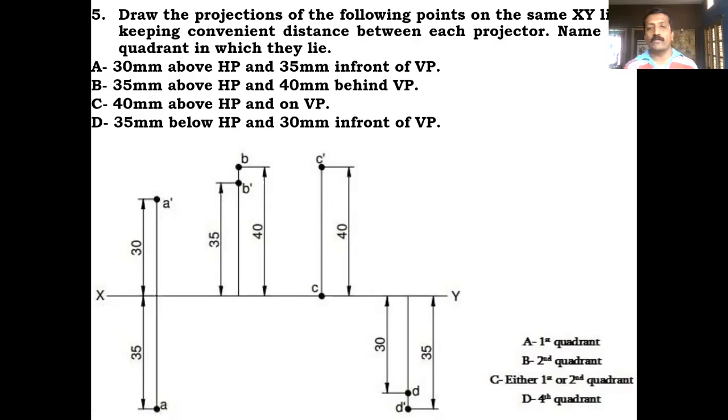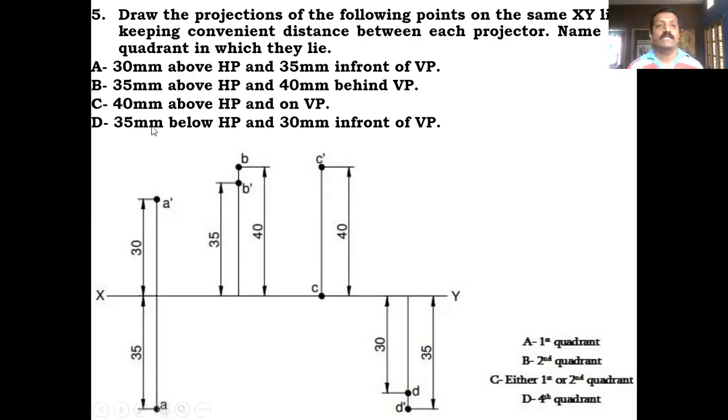Both front view and top view will be above the XY line, so it becomes the second quadrant. Similarly, if I drag this top view just below the XY line, it comes in the first quadrant: the front view above the XY line and top view below. That's why for the point C, it may be in the first quadrant or the second quadrant. This is the answer I should give.